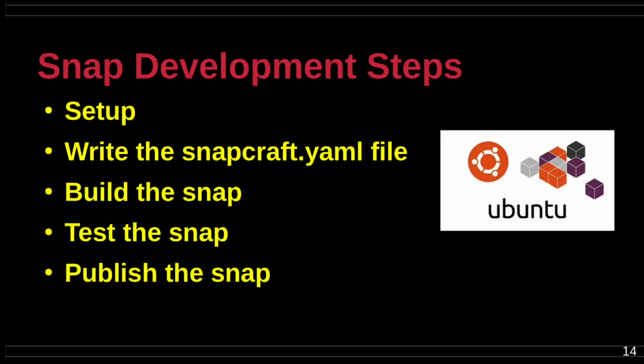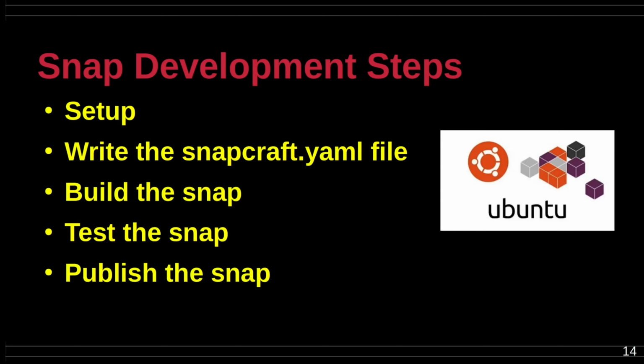Security is a critical aspect of snaps on Ubuntu Core. Follow security best practices and adhere to the snap confinement model. Community. The Snapcraft community is active and helpful. Seek help and guidance if needed.